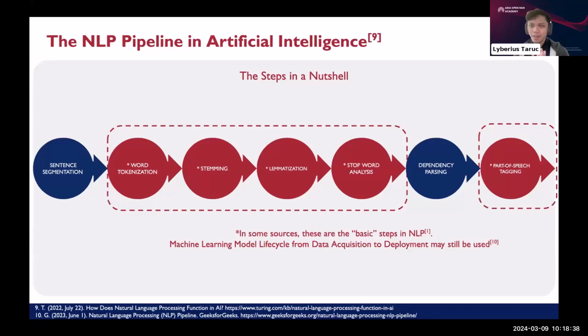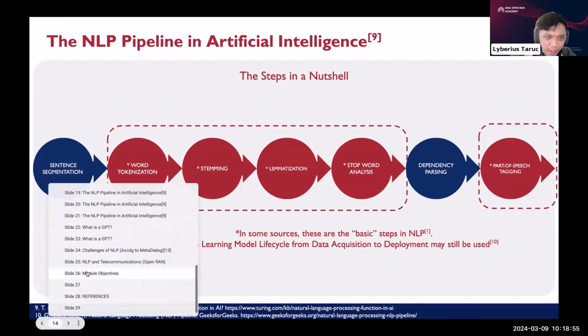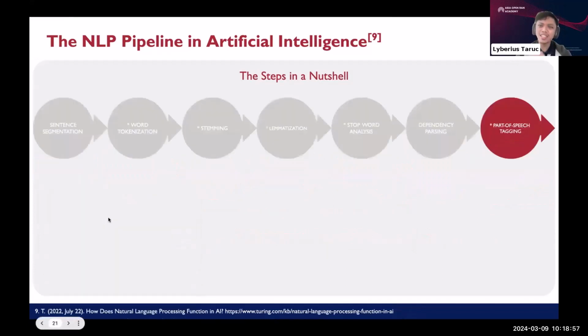Now, in some references, dependency parsing is associated to be part of speech, so it is merged along with the functionality of part of speech. But in the reference I was able to find, it is considered as a separate step. Now, moving on.